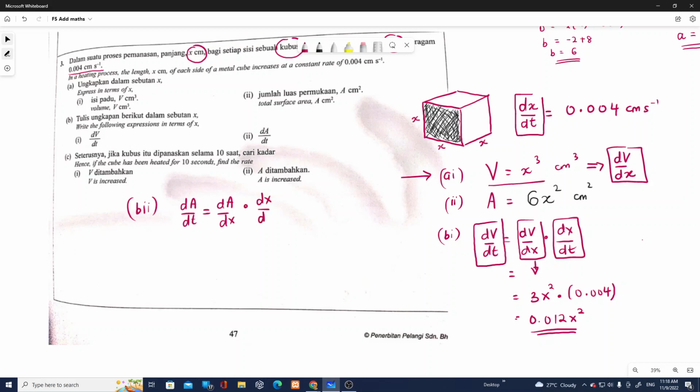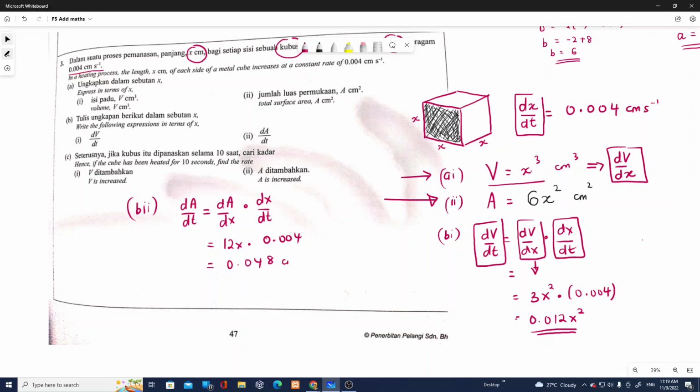Apakah dA per dx menggunakan jawapan di A2? 12x. Ya, 12x darab dx per dt iaitu 0.004, dapat 0.048x. Okey, itu jawapan dia.